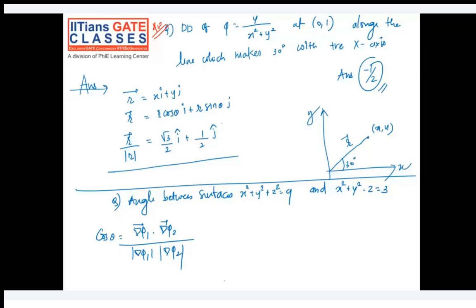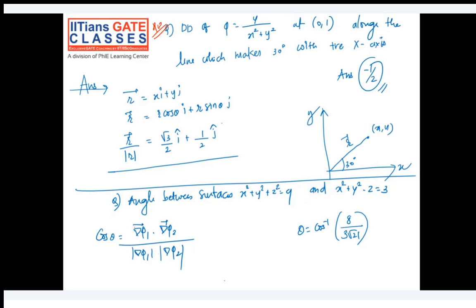Okay, this is the answer. Yes, you try it, it's not that difficult. I'll write here theta is equal to cos inverse of 8 by 3 root 21.